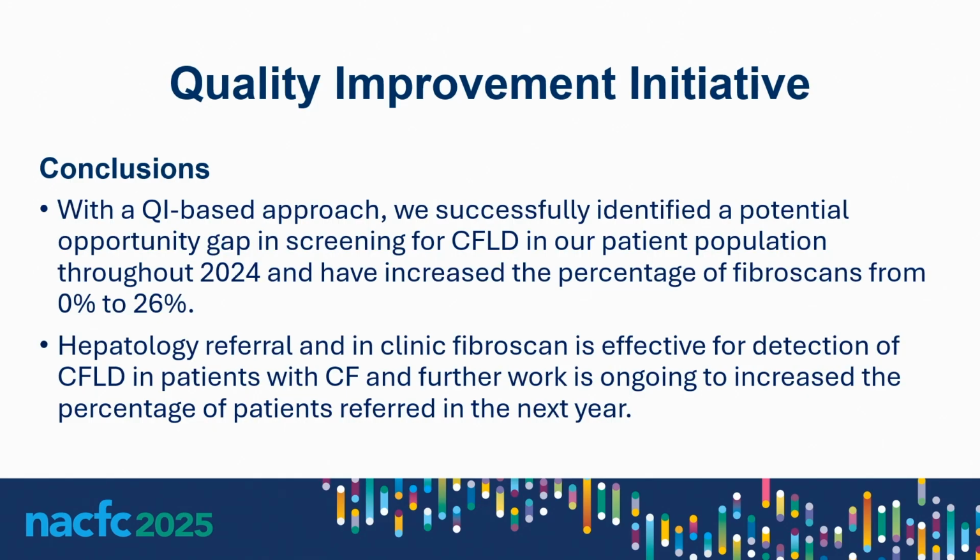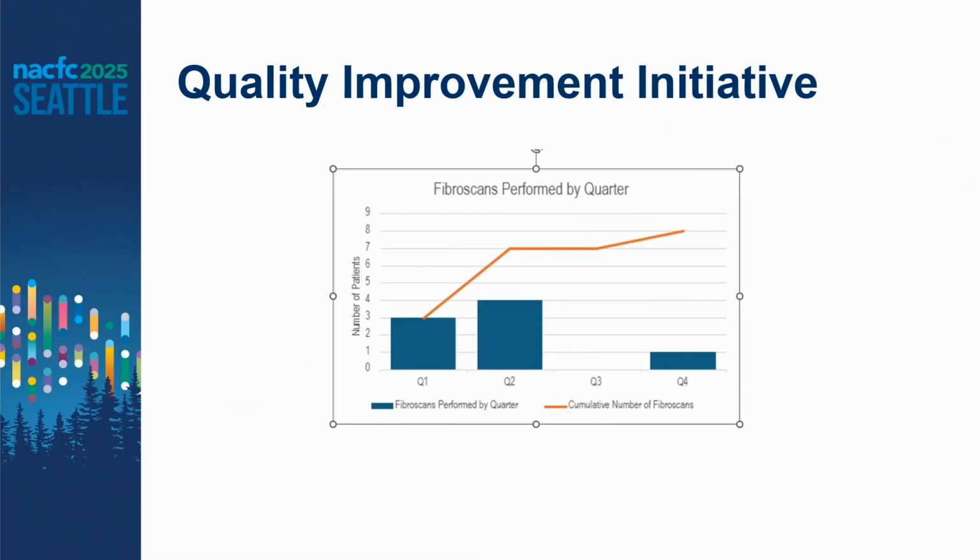Hepatology referral and in-clinic FibroScan is effective for detection of CF liver disease in patients with CF, and further work is ongoing to increase the percentage of patients referred by 2026.